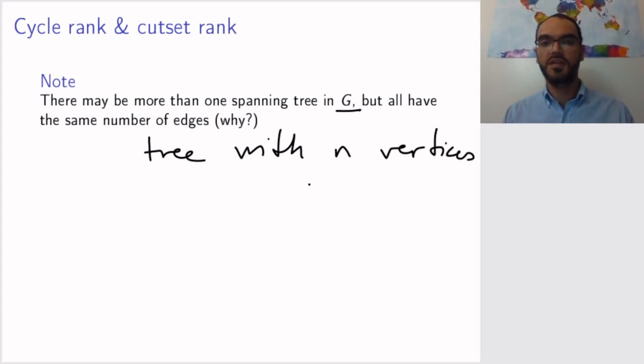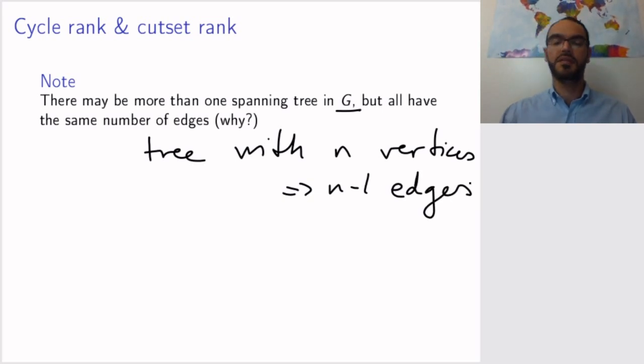But a tree with n vertices has n minus 1 edges by the theorem we saw earlier. So all my spanning trees will have the same number of edges, namely one edge less than the number of vertices.